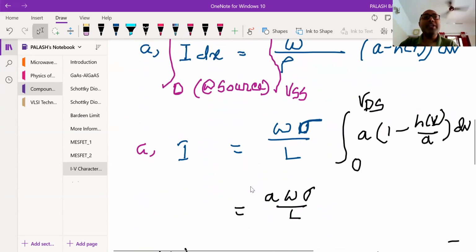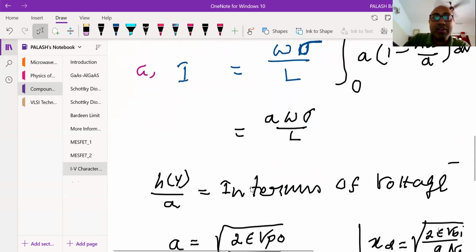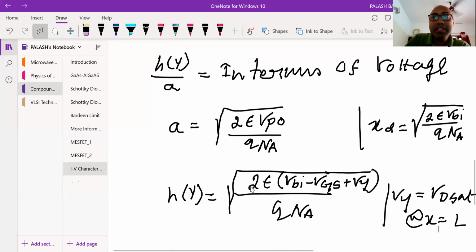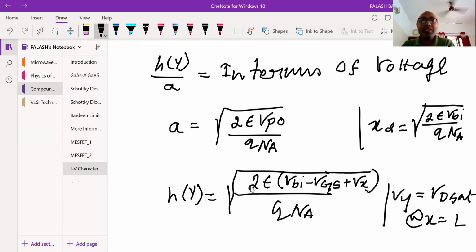At the source end your voltage is 0, at the drain end your voltage is Vdsat, and in between whatever voltage is there is Vy. No, we have to write Vx actually, sorry, it is Vx, the voltage across X.